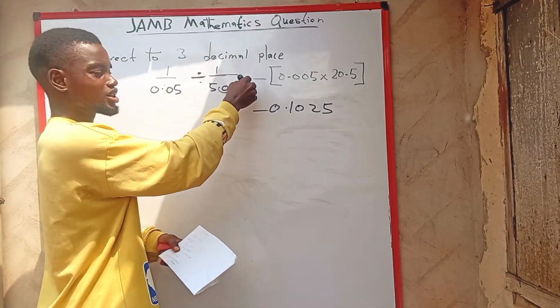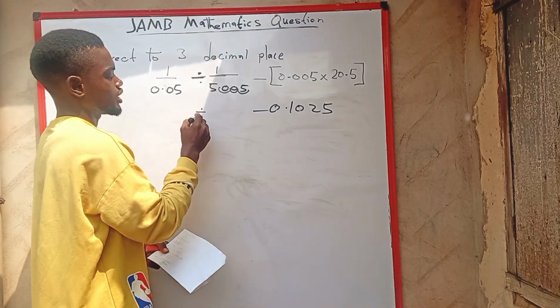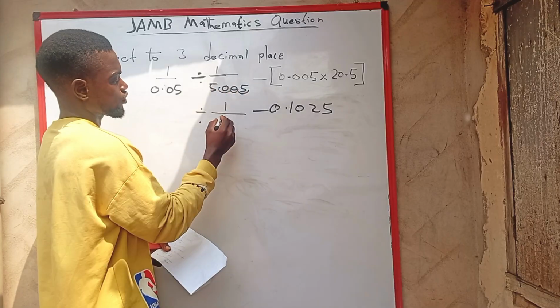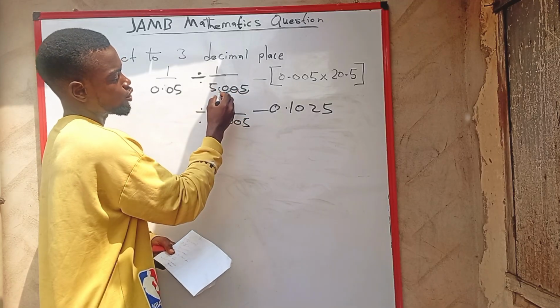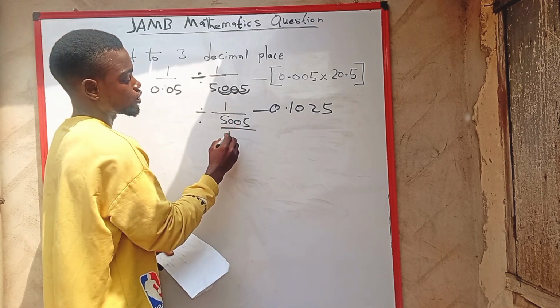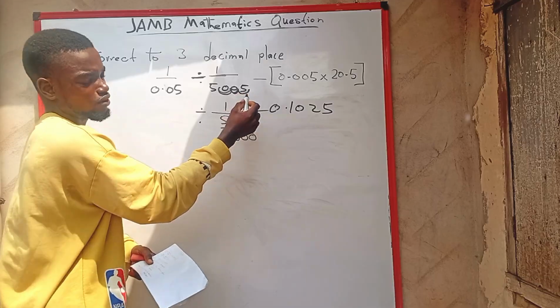So it means that there were 3 zeros that divided this to give us this particular expression. So we have to input that again as 1 all over, so we now have 5005 all over 1000, because we have 3 zeros, 1, 2, 3. If you divide this by 1000, you're still going to have 5.005.